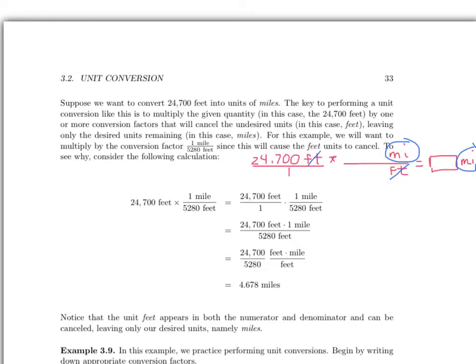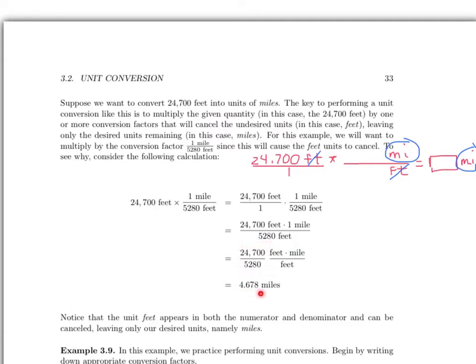In particular, there are 5,280 feet in 1 mile. So that's the conversion factor that we need here. If we look below, you can see we're taking our 24,700 feet, we're multiplying by the correct conversion factor that takes us from feet to miles, and when we multiply these together, we end up having to divide the 24,700 by 5,280.